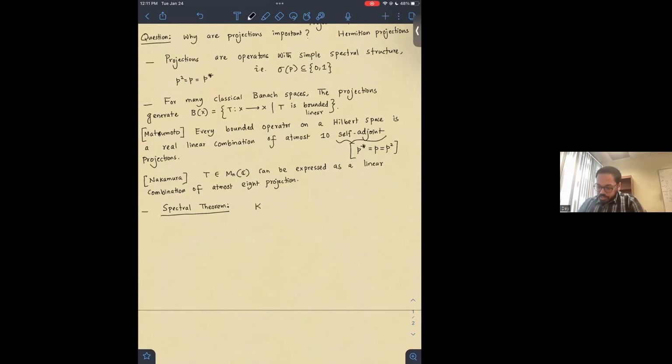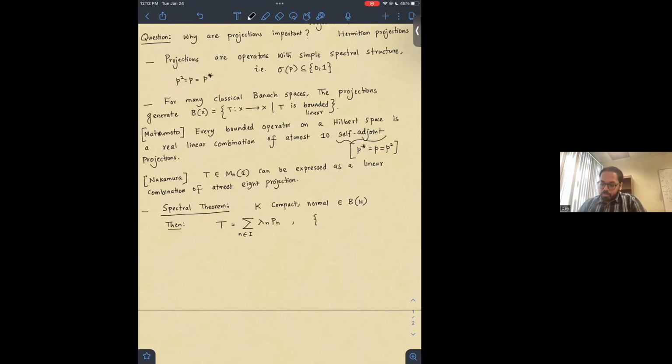What it says is, if K is a compact and normal operator on a Hilbert space, where B(H) once again means the bounded operators on a Hilbert space, then we know that this operator can be written as a weighted sum of projections, the sum of lambda_n P_n, where n is in some index set.